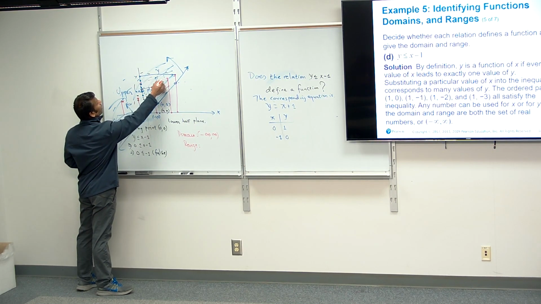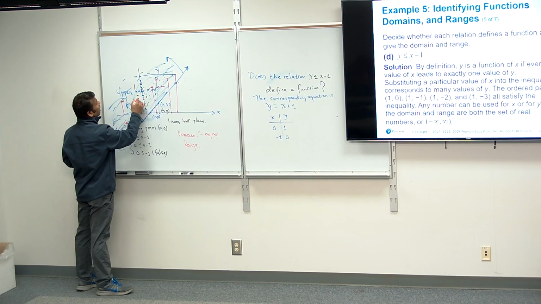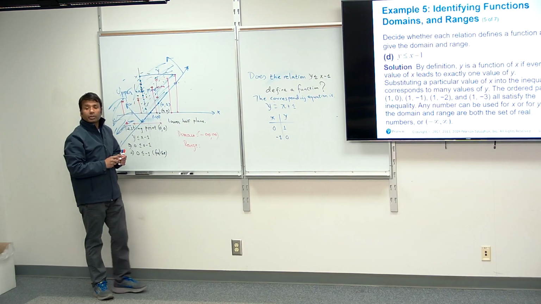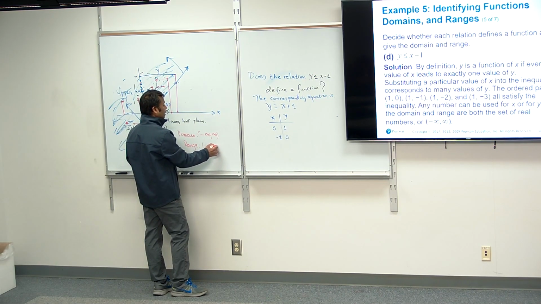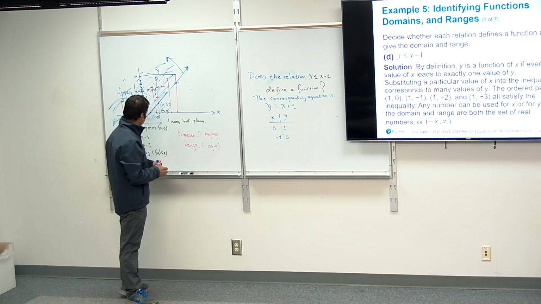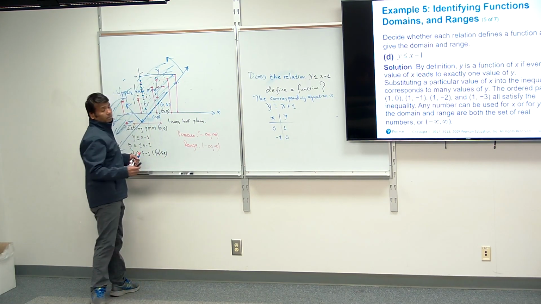For this point you have a y value here, and for this point here. This is the y-axis. You see that? So range is also negative infinity to positive infinity. Okay?